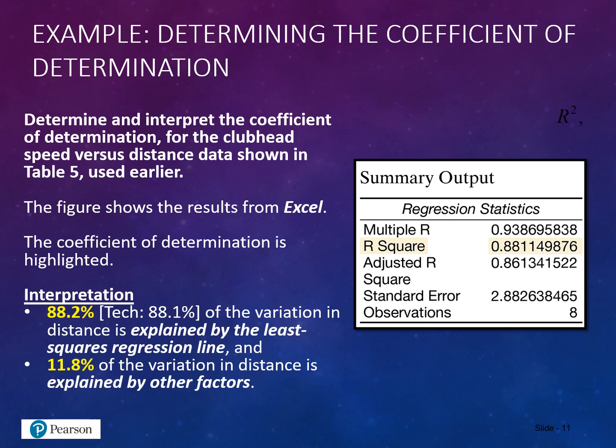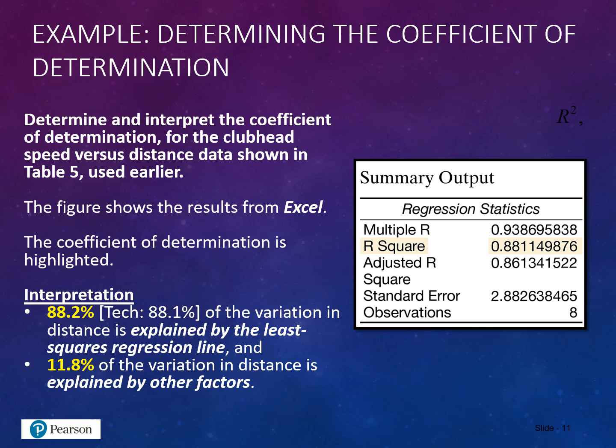Well, it means that 88% or 88.2% of the variation in distance is explained by the least squares regression line. Okay? And 11.8%, the remaining portion of 100%, is not explained by that, or it's explained by other factors.